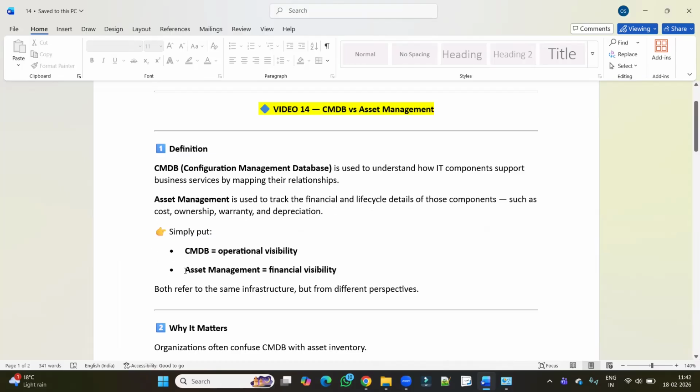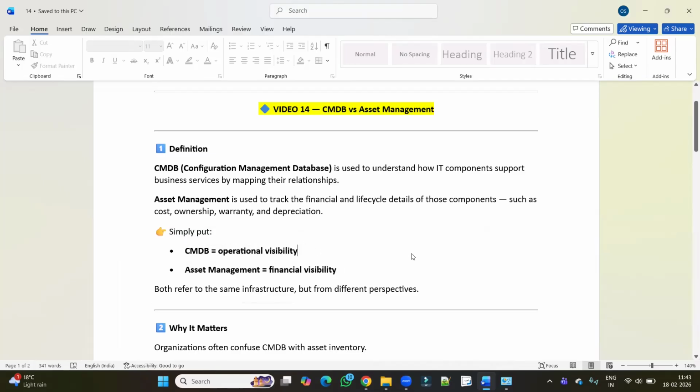So simply put, CMDB is important for operational visibility, whereas asset management is responsible for financial visibility. So visibility is there, but for CMDB it's operational, whereas for asset management it's financial. Both are referring to the same infrastructure, but from a different perspective. This is the perspective here.